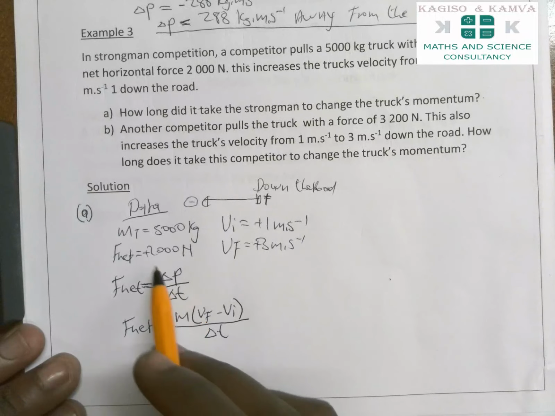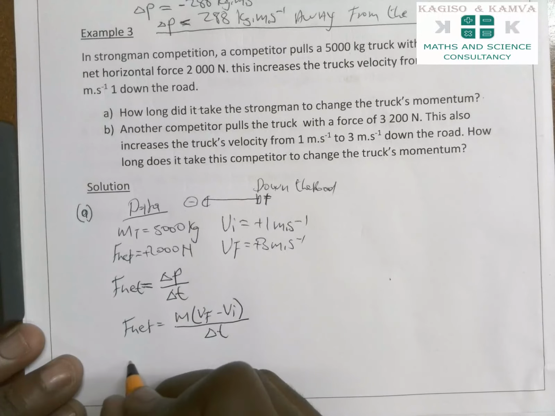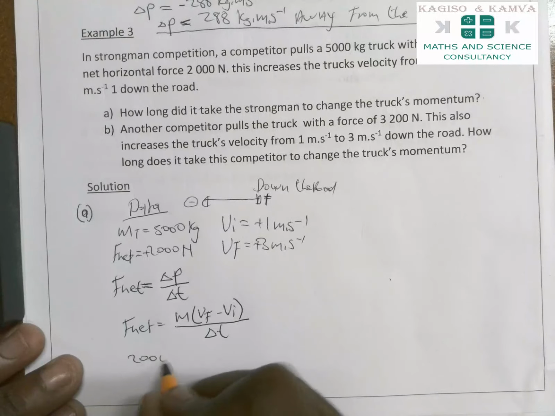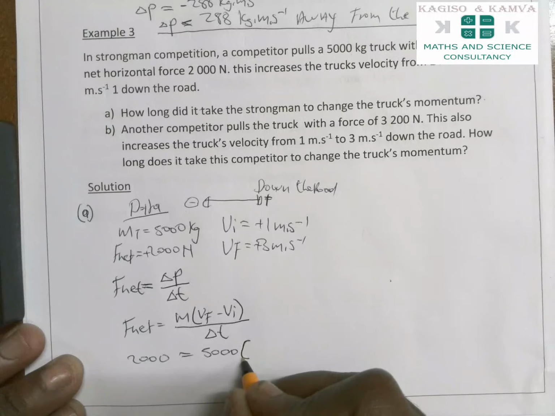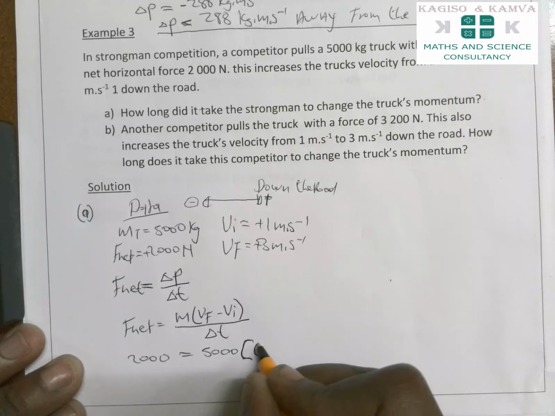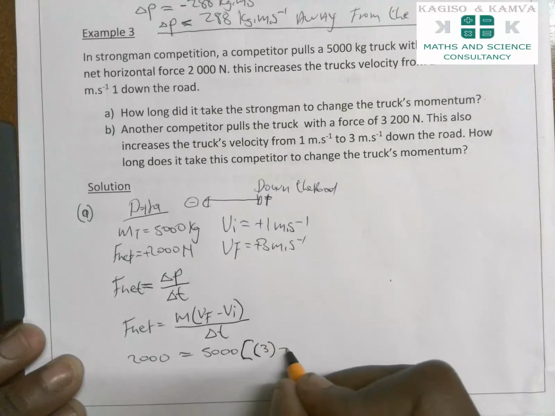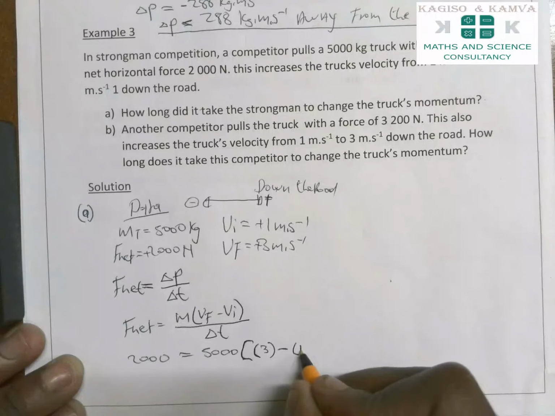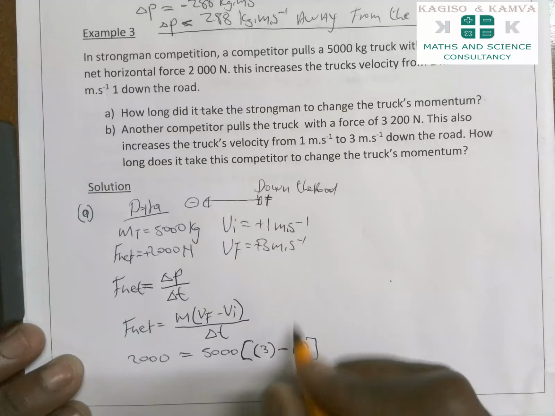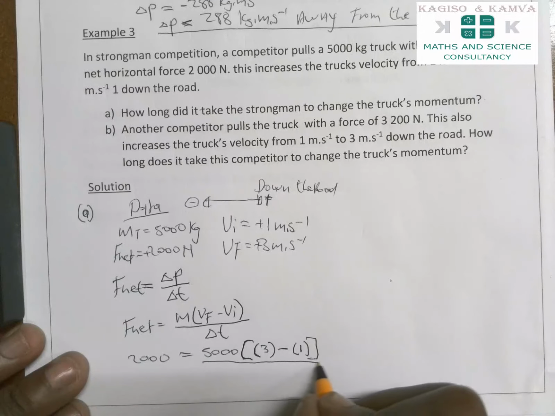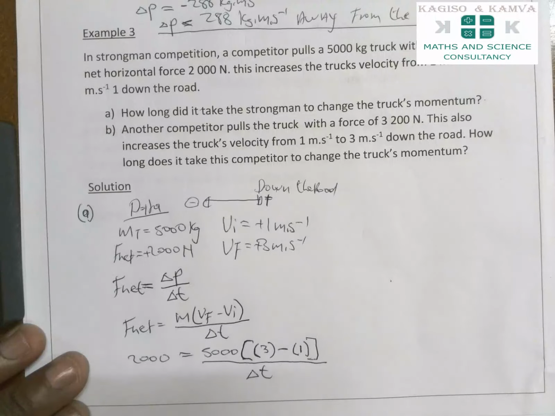We know that the force is 2000, the mass is 5000, into Vf minus Vi, which is 3 minus 1, and we're looking for the change in time. So we just cross multiply here.